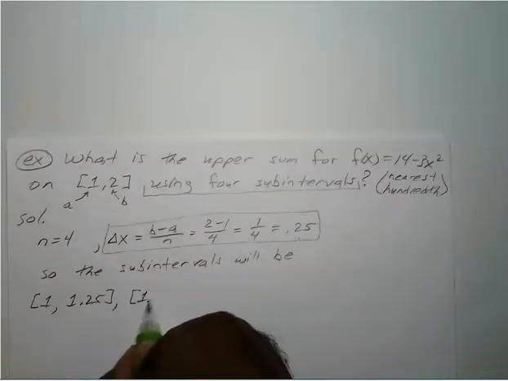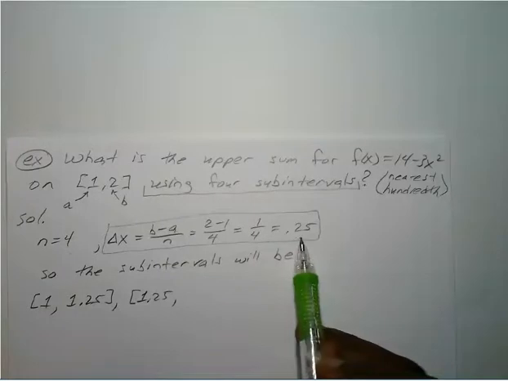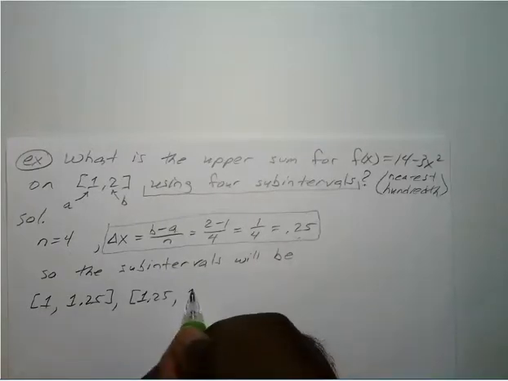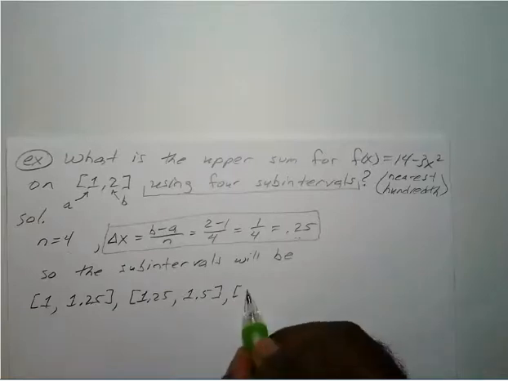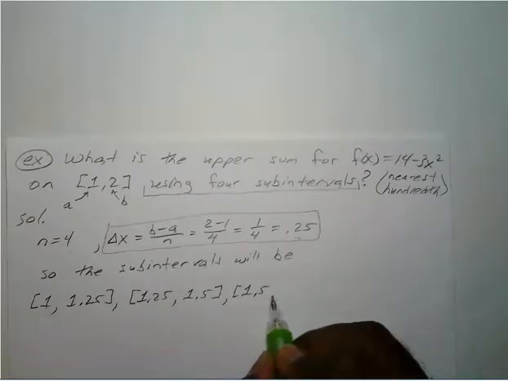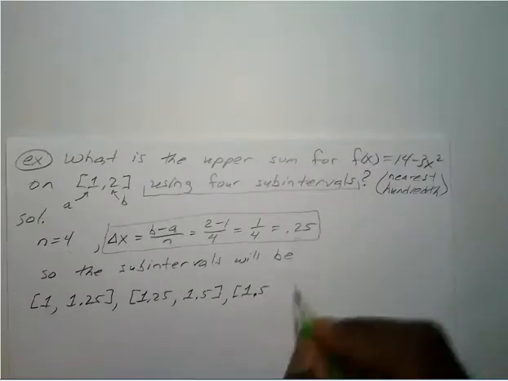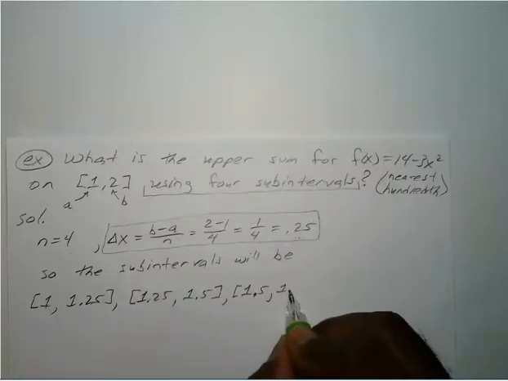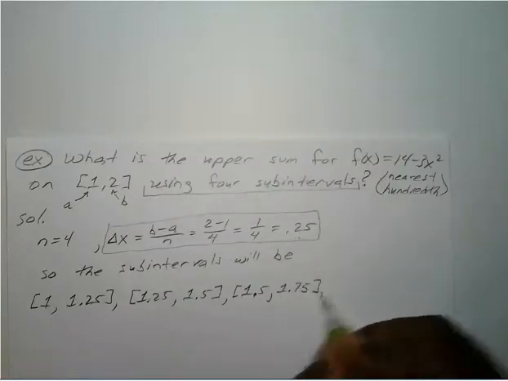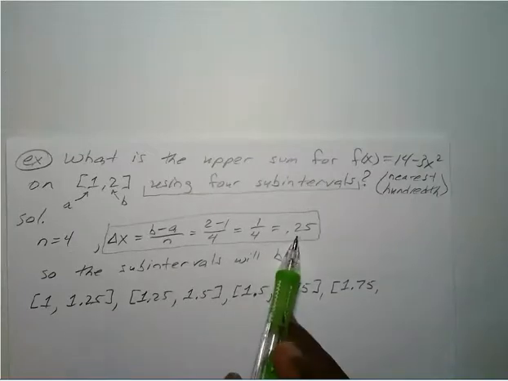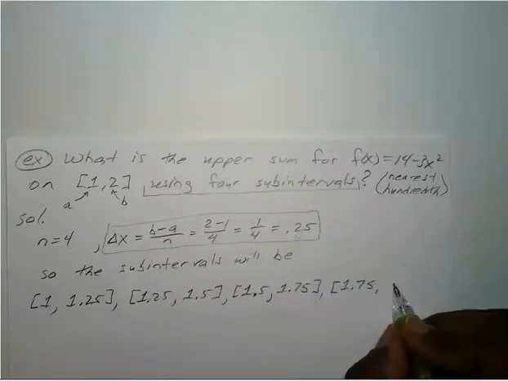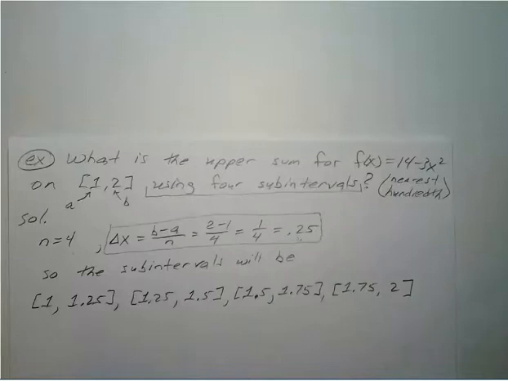So starting at 1.25, we're going to move up another 0.25. So that's 1.5. And starting at 1.5, we're going to move up another 0.25. So that's 1.75. And starting at 1.75, we're going to move up again the 0.25, and that will put us at 2.